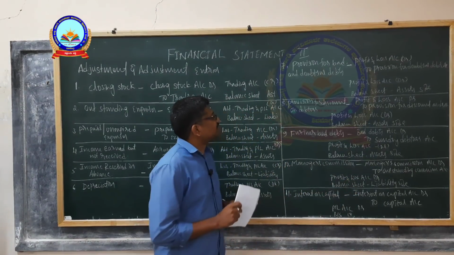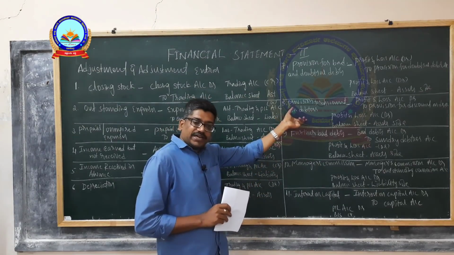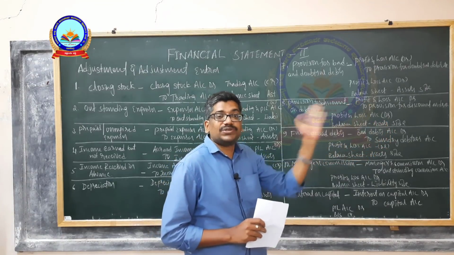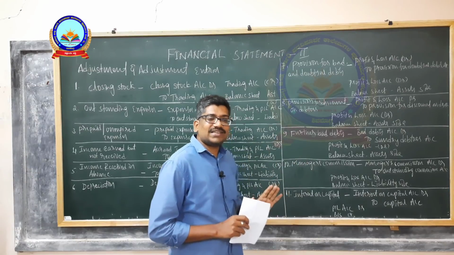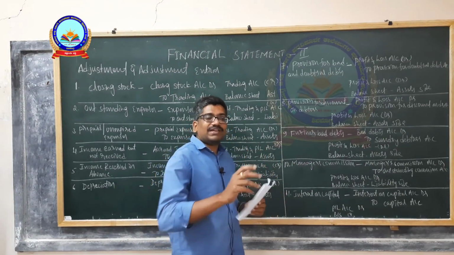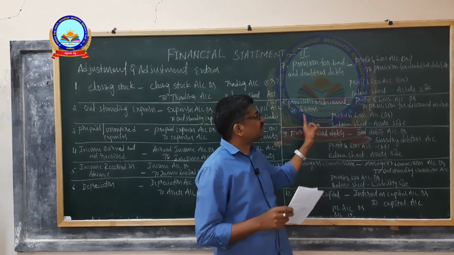Next, provision for discount on debtors. This is related to the debtors, but the business gives up some amount to the debtors for prompt repayment. When the debtors are ready to repay the amount, the business on its own gives a discount to the debtors. That is called provision for discount on debtors.